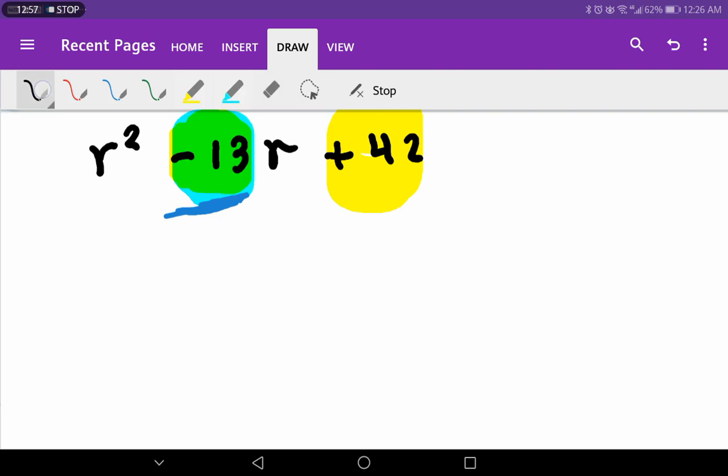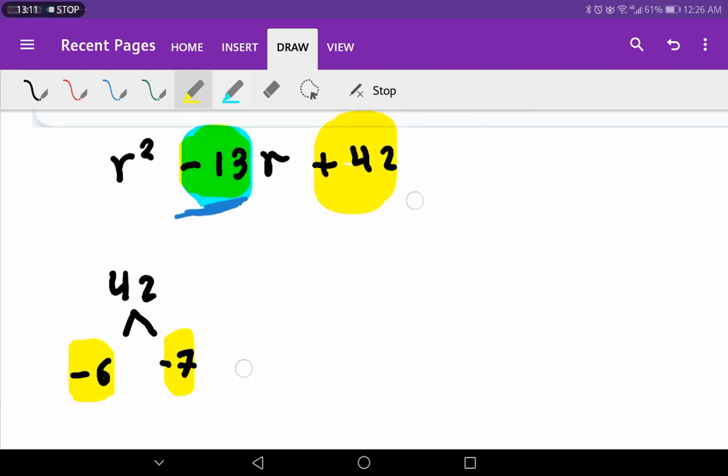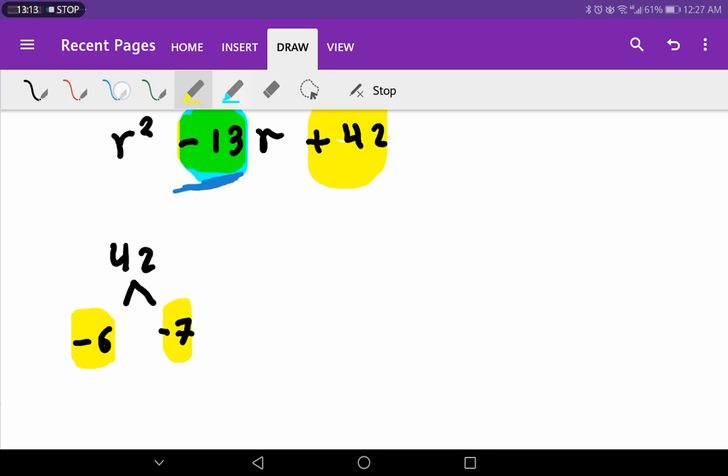And the 42 also comes from negative 6 multiplied by negative 7. If you add them, you will get negative 13. Bingo, you got it. Now see, it is the same. Are you happy now?